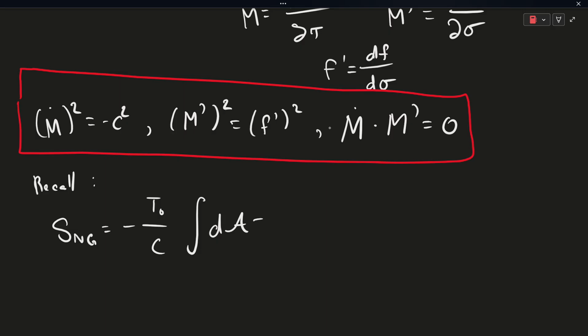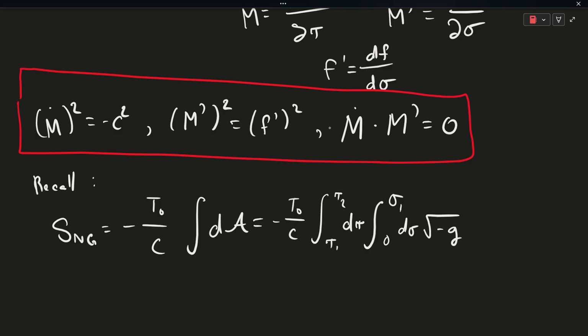And in expanded form, this is negative T0 divided by c, integral with respect to tau from tau 1 to tau 2, d tau, integral from 0 up to sigma 1, d sigma of the square root of negative g.